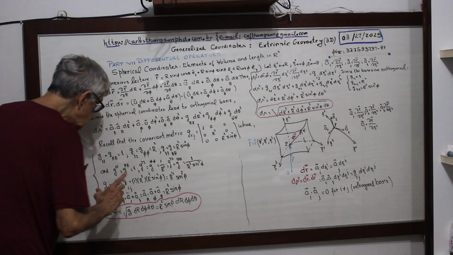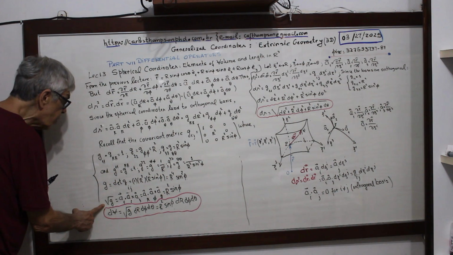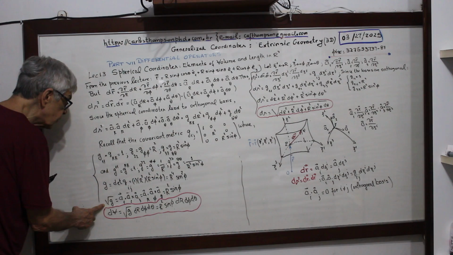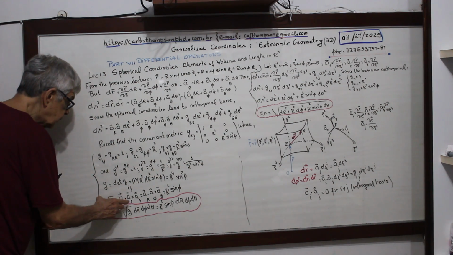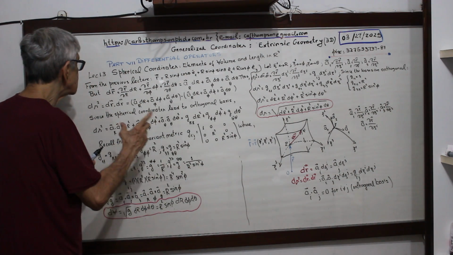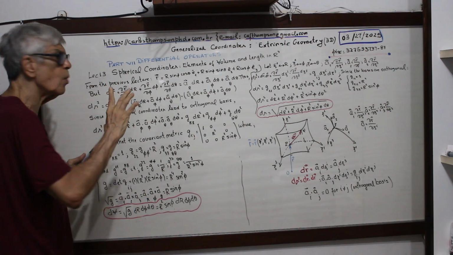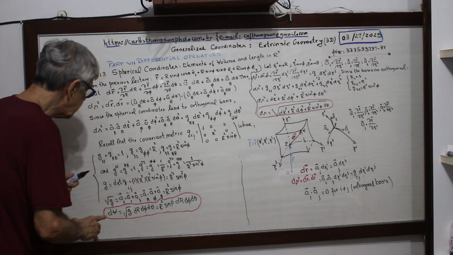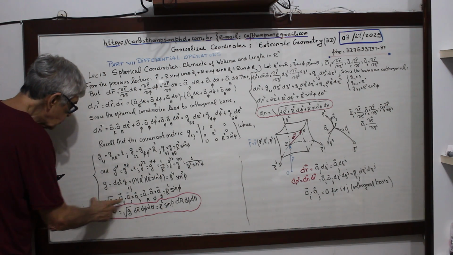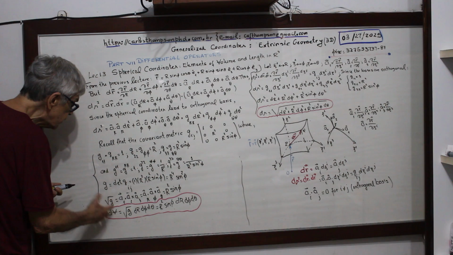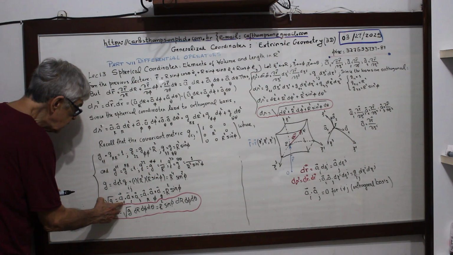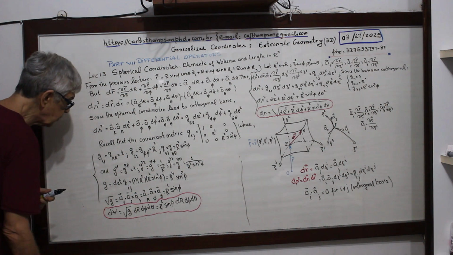Now, attention now. Square root of G, we already proved this, okay? This is also interesting from the previous video, lecture 12. We did it like this, okay? Also, we obtained that the square root of G is this mixed product here, okay?